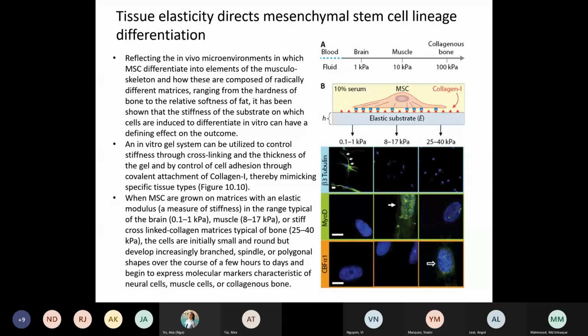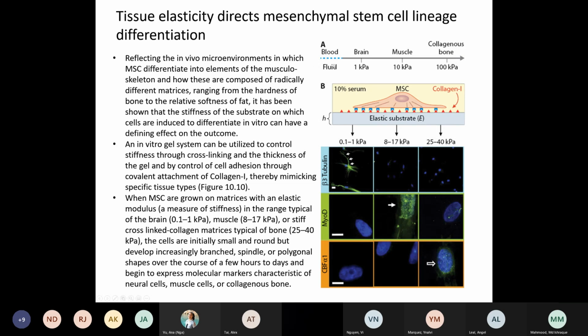So this group of scientists did another piece of work to show that the matrix, or the supporting material for the mesenchymal stem cells, plays a major role there. In this experiment, what they did is collect mesenchymal stem cells, and then they put the cells onto different substrates. For these different substrates, they used cross-linking and different concentrations of collagen to change the hardness of the substrate.